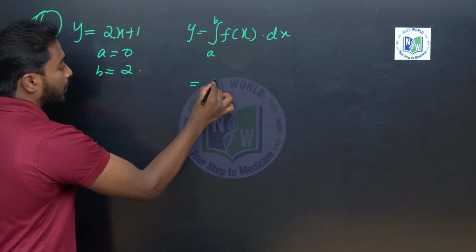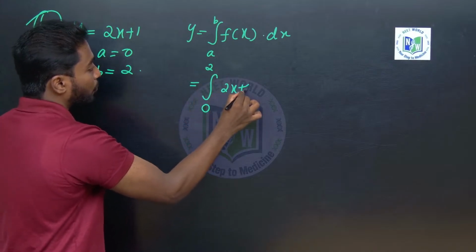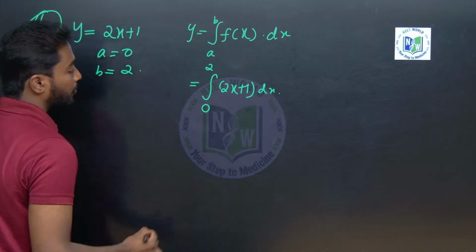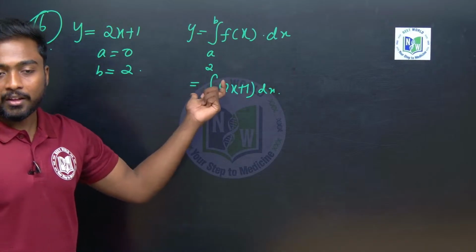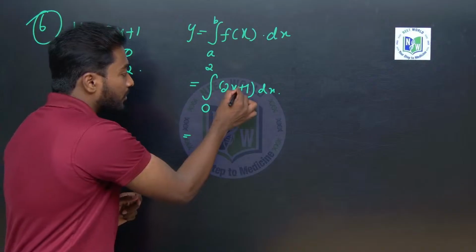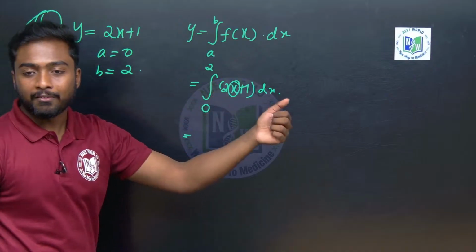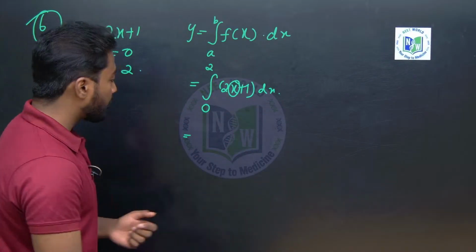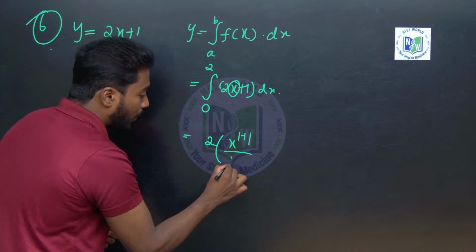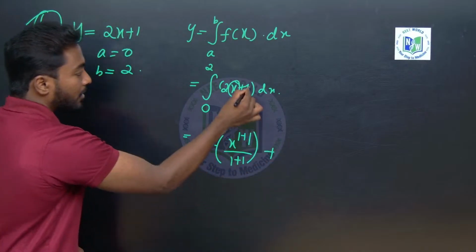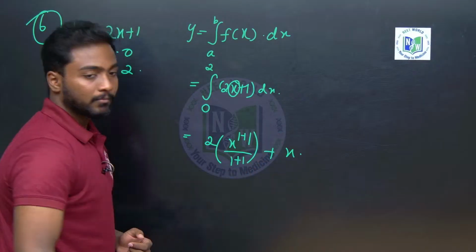Now integration, that is limits from 0 to 2, function is 2x plus 1 dx. Now take 2x plus 1 integration. What is the integration of 2x? This x is there, no? X power 1, no? So x power n formula, x power n plus 1 by n plus 1. So keep 2 as it is, x power 1 plus 1 by 1 plus 1, plus, if I integrate a constant with respect to dx, I will get x.